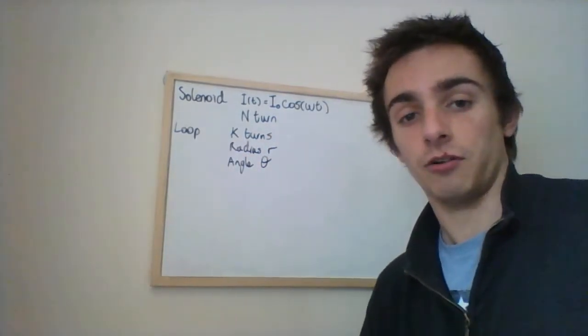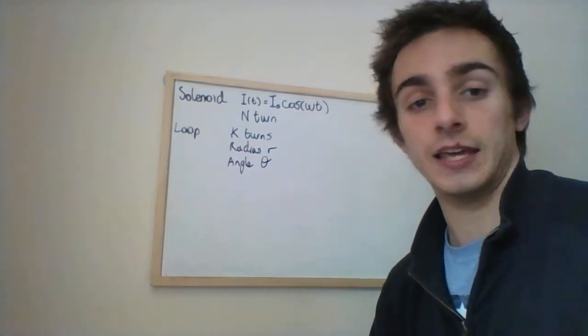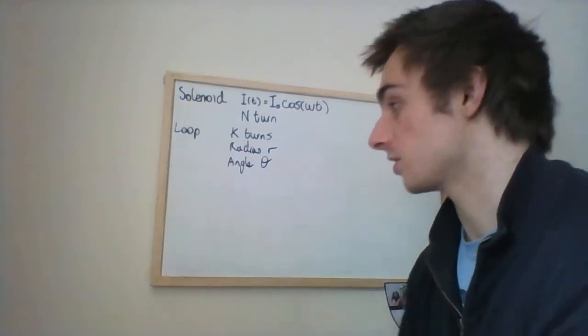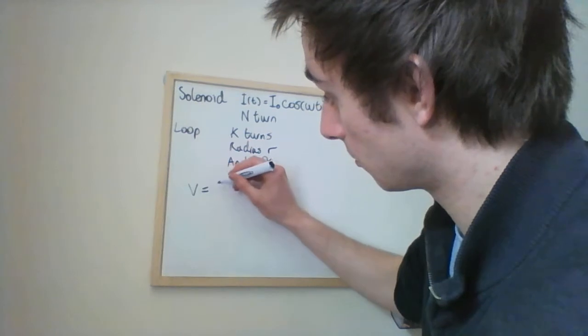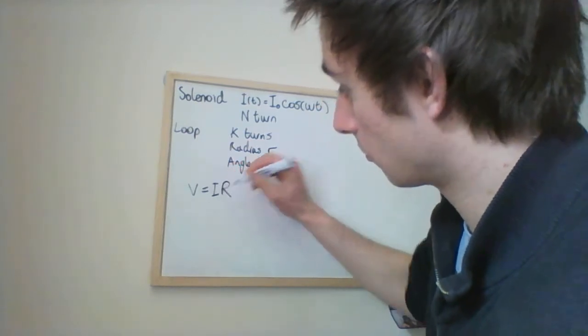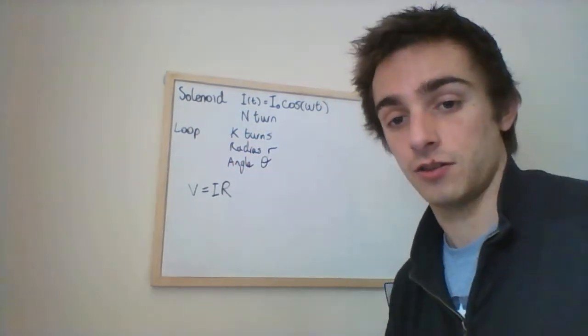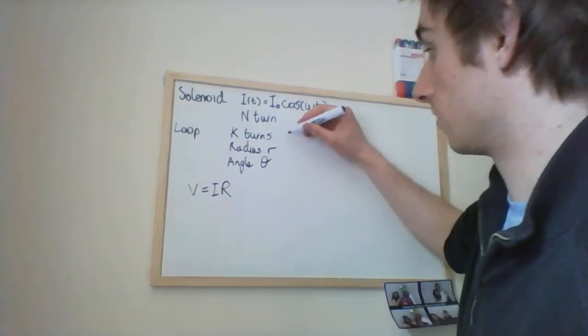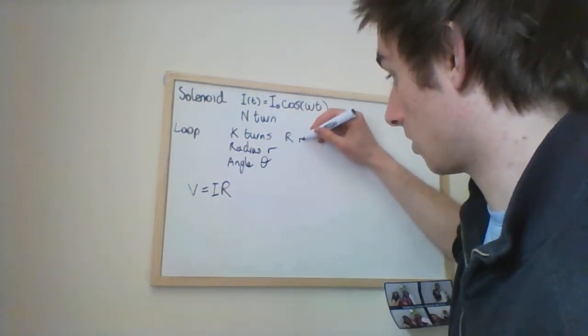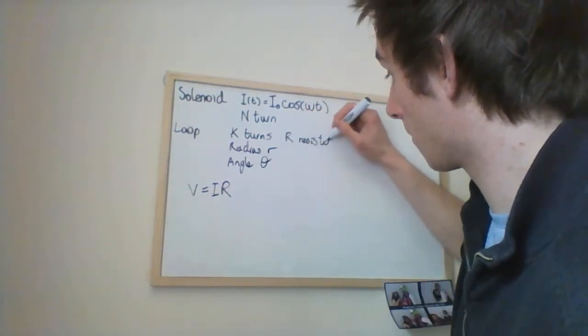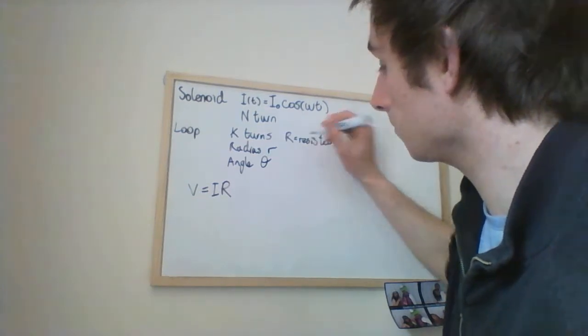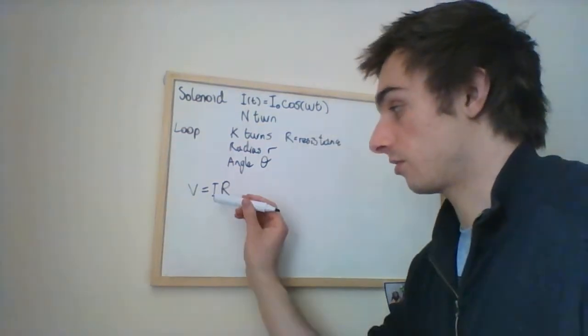So how do we find current through any kind of circuit, any kind of system? We normally use what we might call Ohm's law here. I forgot to say, the loop wire has resistance R. So we want to find the current.